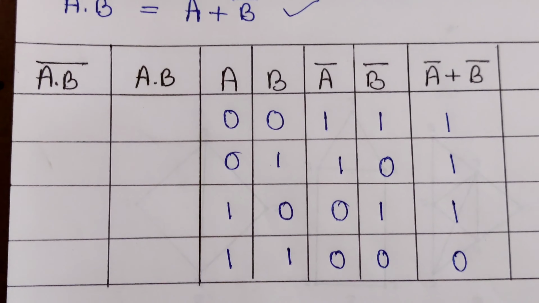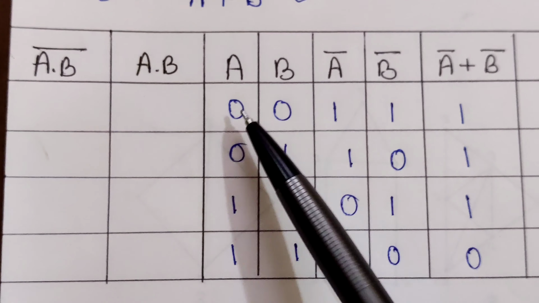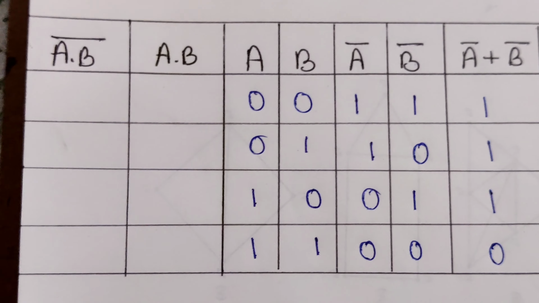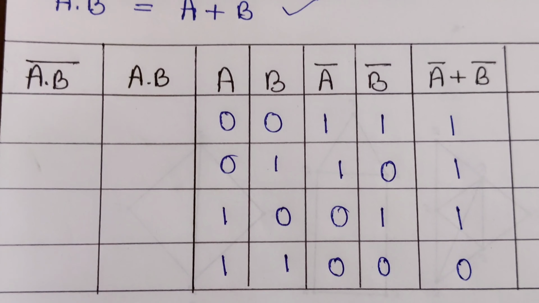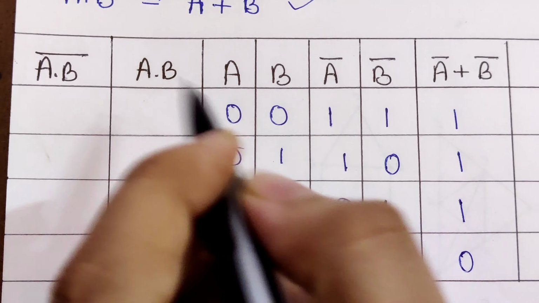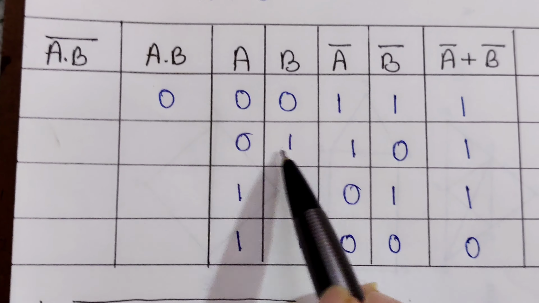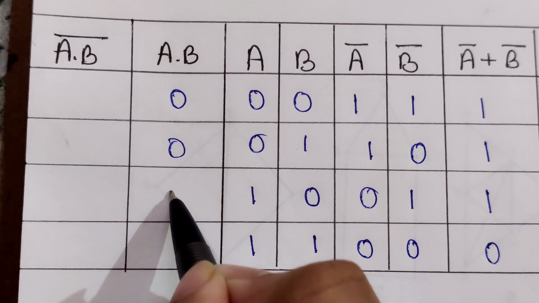Moving on to our LHS part, that is here. So first I will calculate the AND of these two inputs. In case of AND, we know if and only if all the inputs are 1, then only the output will be 1. So here both the inputs are 0, output will be 0. Here one of the inputs is 0, output will be 0. One of the inputs is 0, output will be 0.